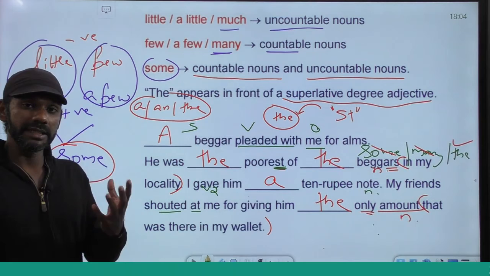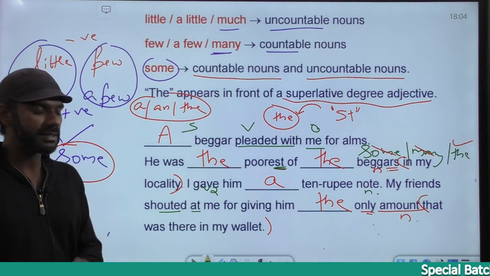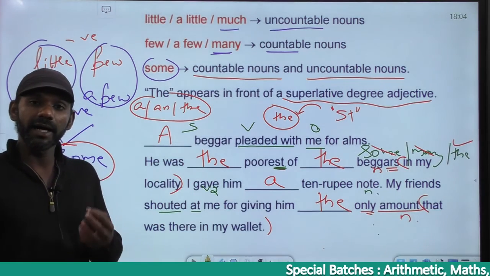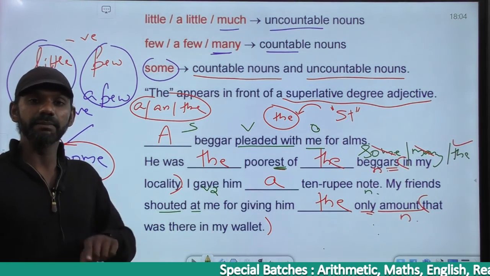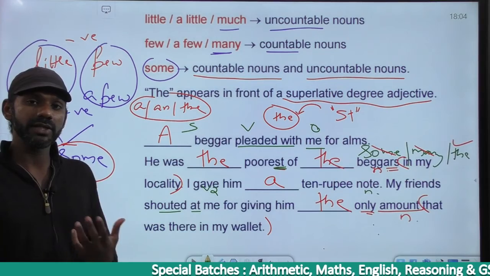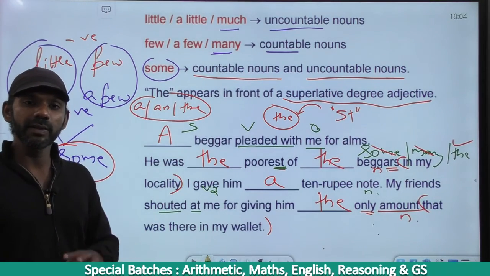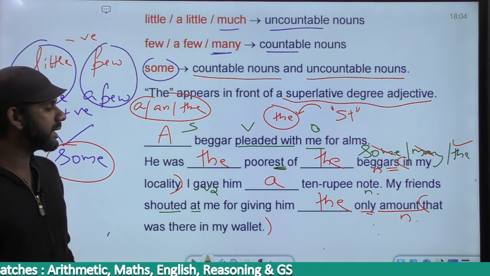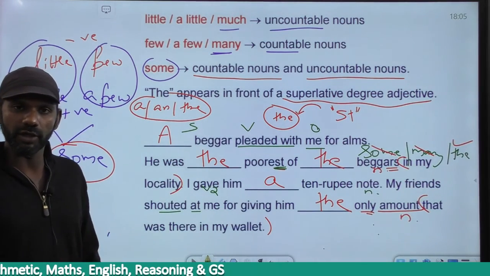Simple past tense. In the passive voice also it must be in the simple past tense. My friends shouted at me in the passive voice becomes, I was shouted at by my friends. I was shouted by my friends is wrong. I was shouted at by my friends for giving him the only amount that was there in my wallet.